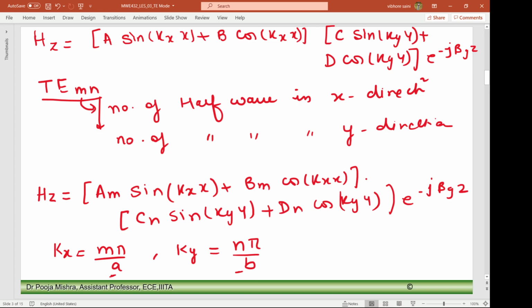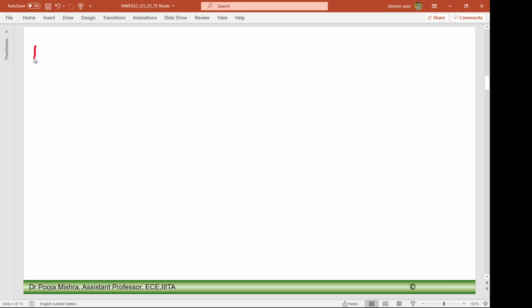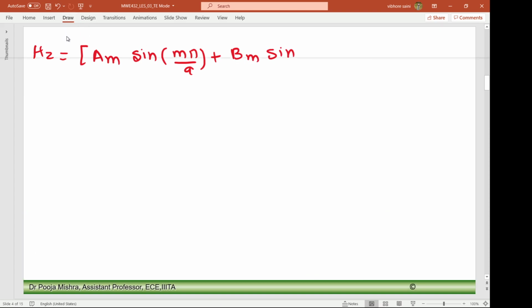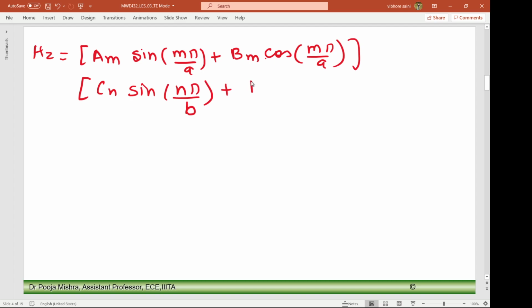So this Hz will become Am sin m pi x by a plus Bm, sorry, it will be cos m pi x by a, Cn sin n pi y by b plus Dn cos n pi y by b, exponential minus j beta g z.